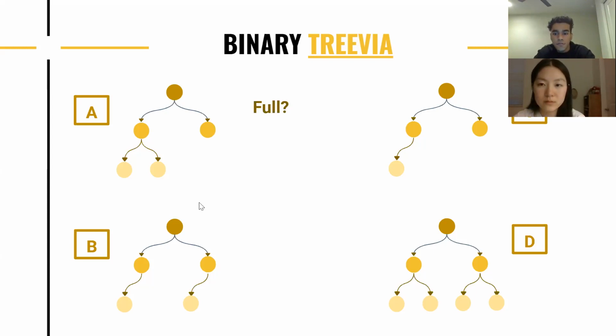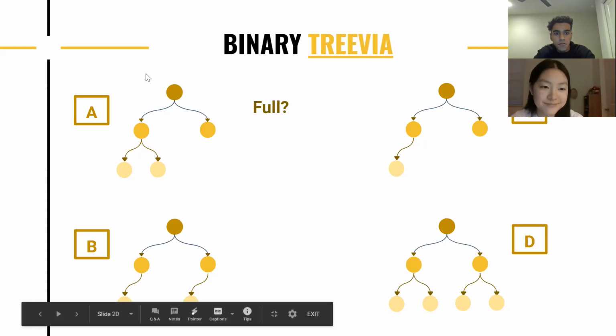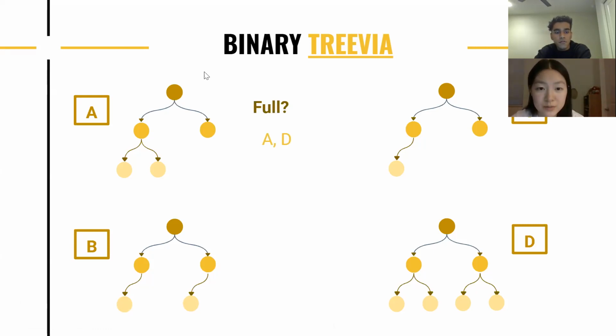Okay, so now which of the following are full? That's right. Okay, so A is a full tree because all of its nodes have 0 or 2 children, and so is D because that's a perfect tree.